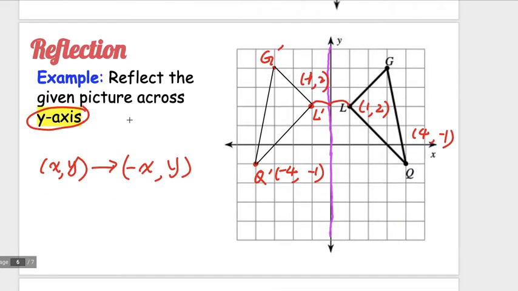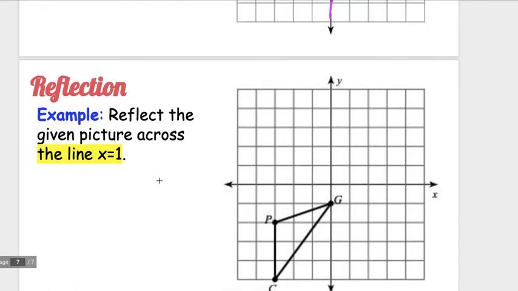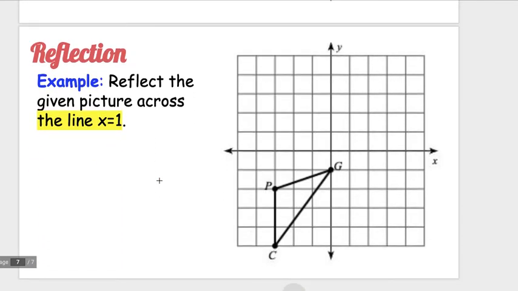So now again, for this line here, besides writing down y-axis, we can also write this as x equal to 0. Okay, let's work on our very last question here. This time is a little bit different. The line we need to flip over is x equal to 1.